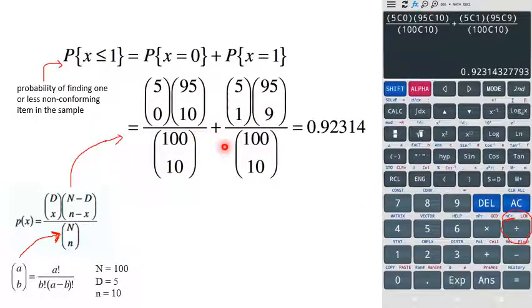With the help of a calculator we get all the values. We put all this in the calculator, and this is the combination you can see here: 5 combination 0 multiplied by 95 combination 10, divided by 100 combination 10, plus 5C1 multiplied by 95C9 divided by 100C10. So we get the final probability equal to 0.92314.